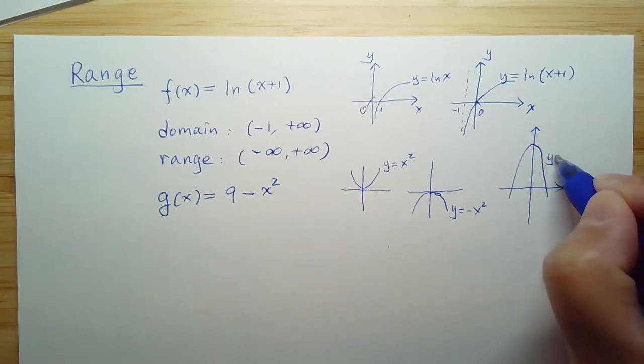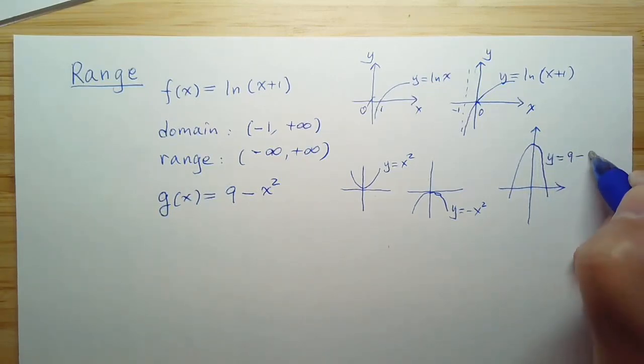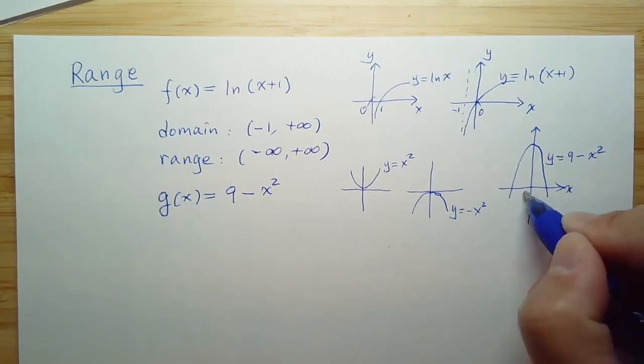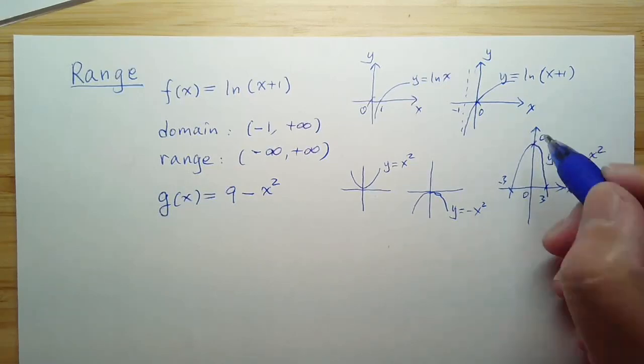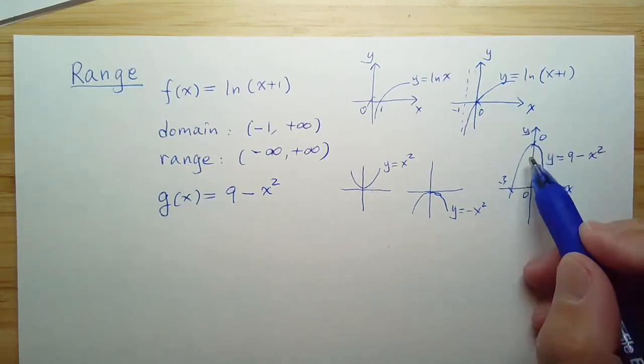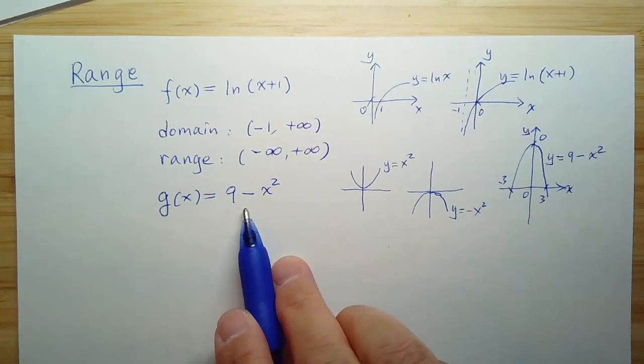Sorry, not very accurate, but you got the idea. And here's a 3 and a -3, and here's a 0. So this is the graph of 9 minus x squared.